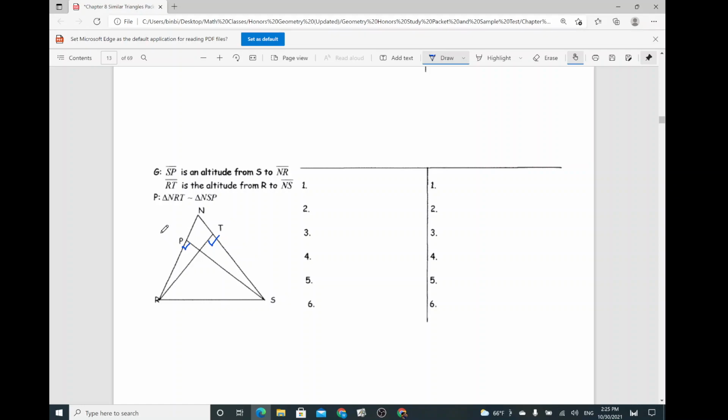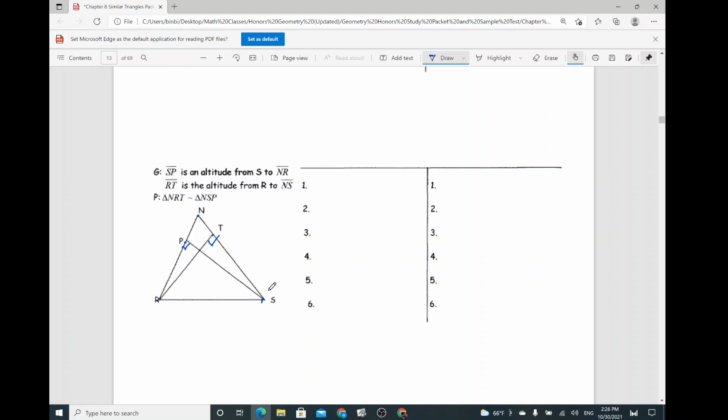Okay, so now we want to show that triangle NRT, this triangle here, is similar to triangle NPS, the overlapping triangle.